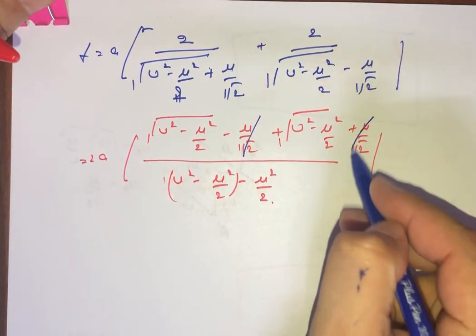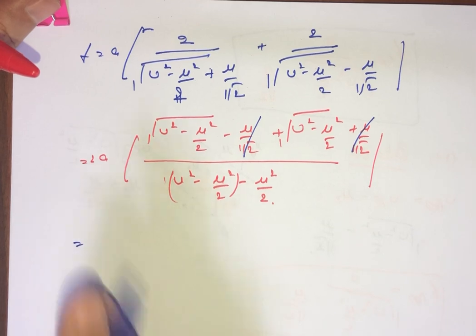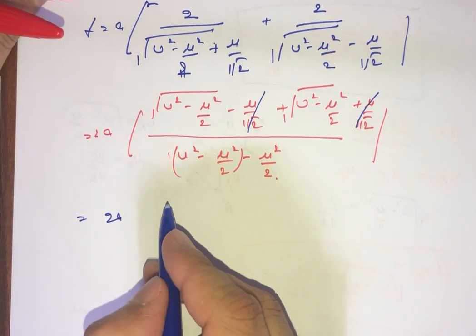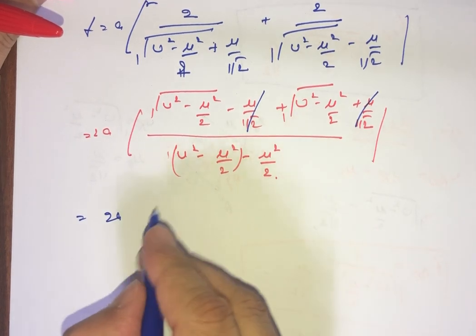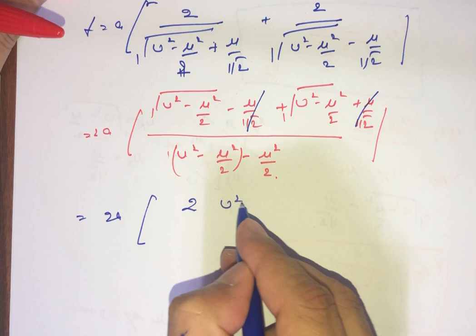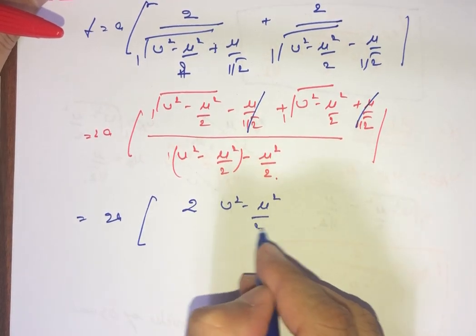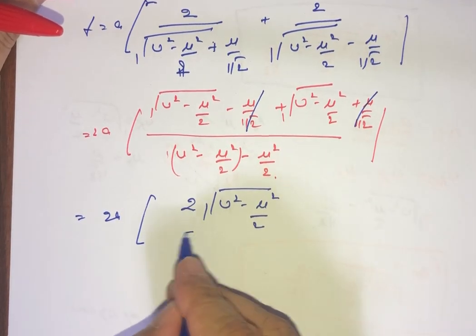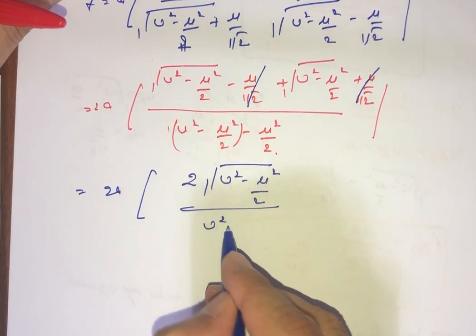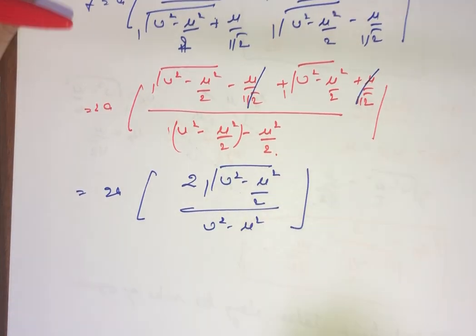So these two cancel out. We are left with 2A, and this will be coming as 2 times square root of (v square minus u square divided by 2) divided by v square minus u square.